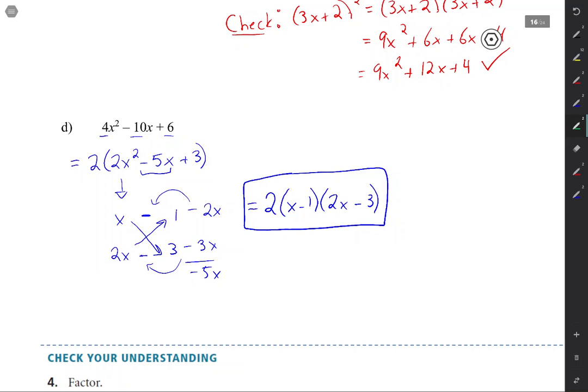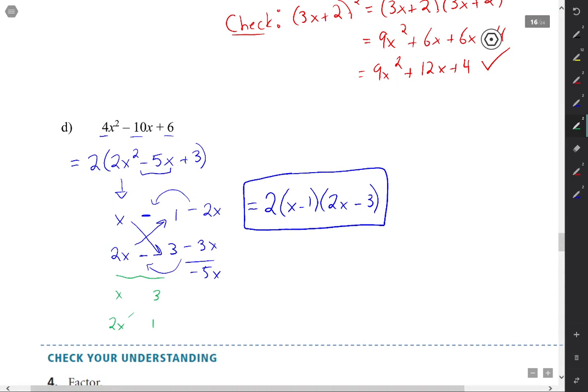Now this one here is actually a trickier one, and we looked at one of these in class as well. Let's say we factored this as x and 2x, and then we did the 3 up here and the 1 down here. So instead of doing it 1 and 3 like that, I did 3 and 1. Now this is going to look like it works, but if we were to check our answer, we wouldn't get the exact thing as we started with.